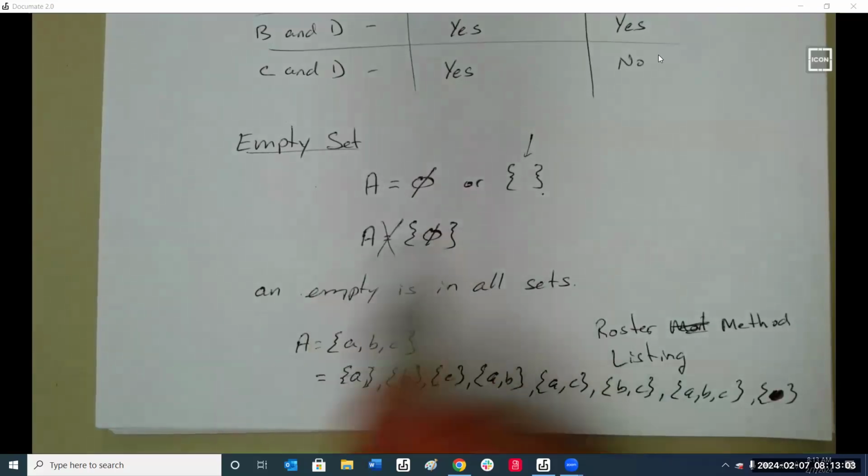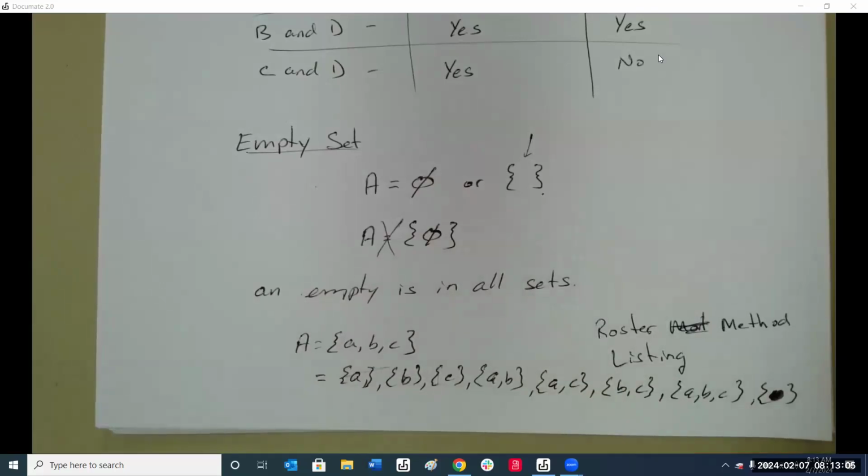And we'll discuss what that's called in a second. But if I give you a set and ask for all the combinations of the elements in that set, this is what you do.